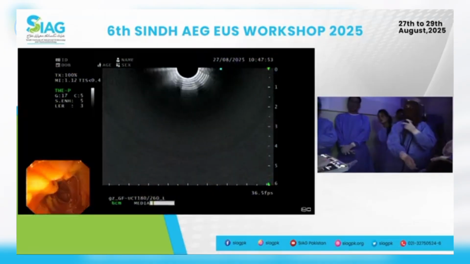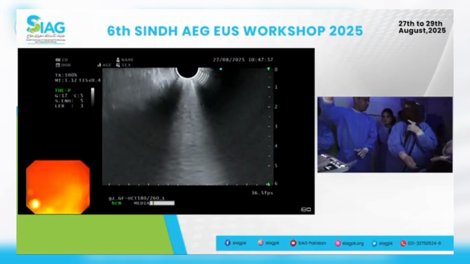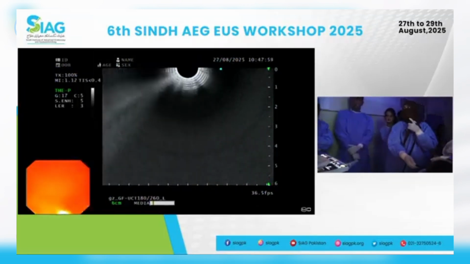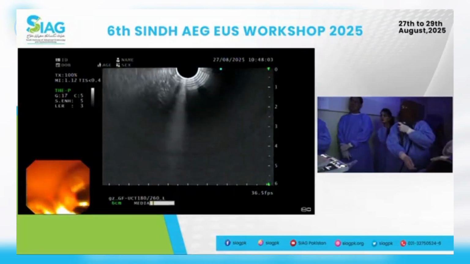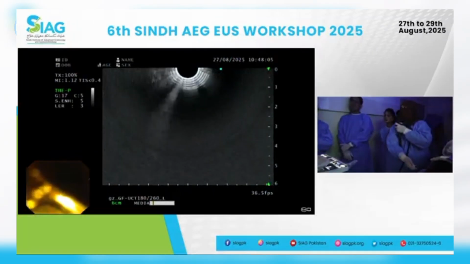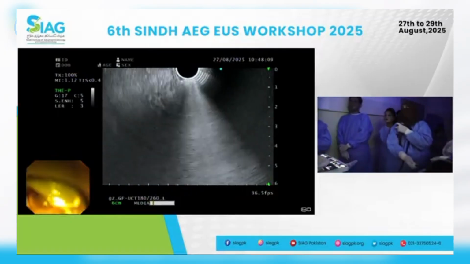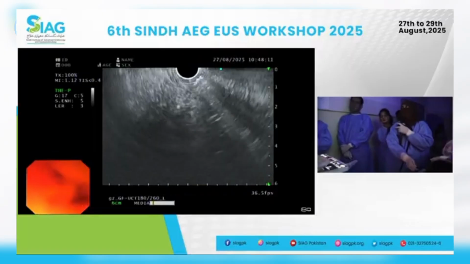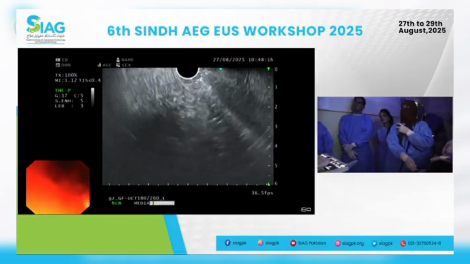So don't insufflate any air. I wouldn't withdraw it under endoscopic view. I'll just withdraw it under EUS view. So clockwise, clockwise. Get rid of all the air, and your aim is to identify the aorta. So suction, suction. That's fine. Yes, and don't pull very fast. Small steps.